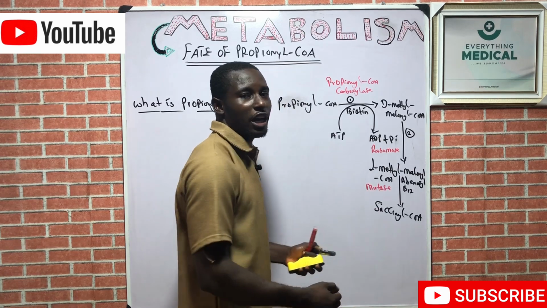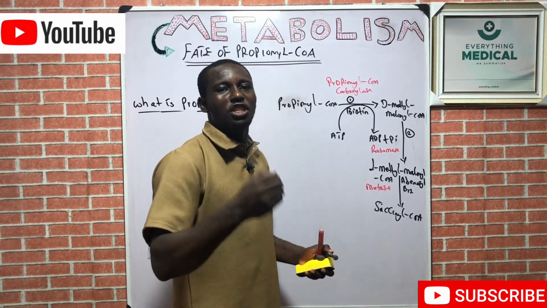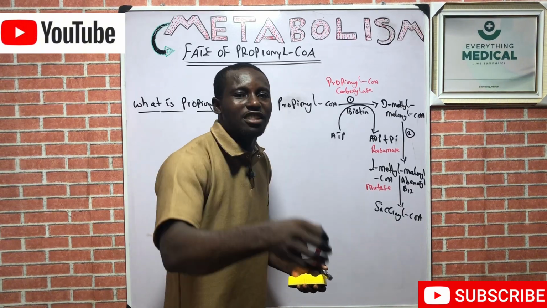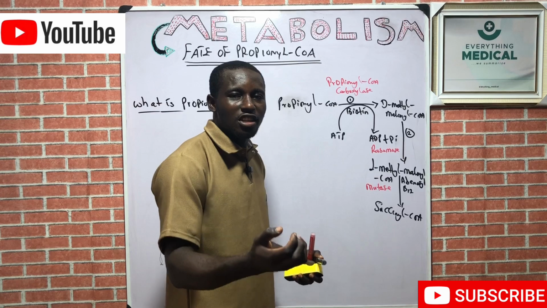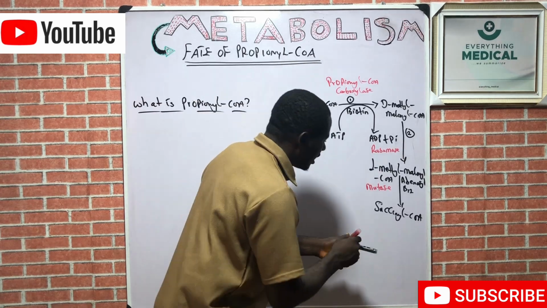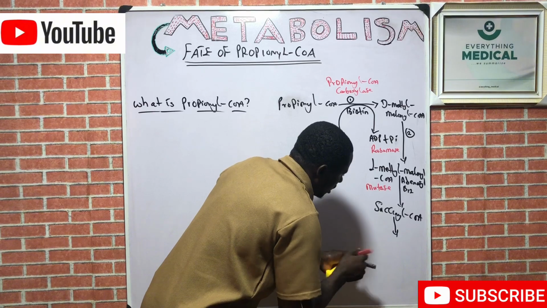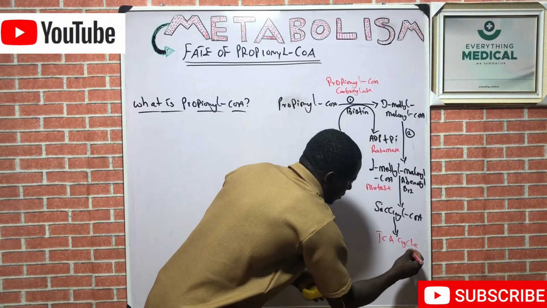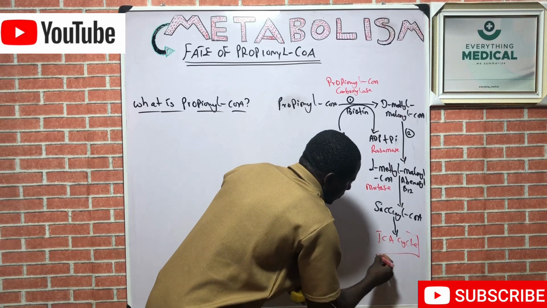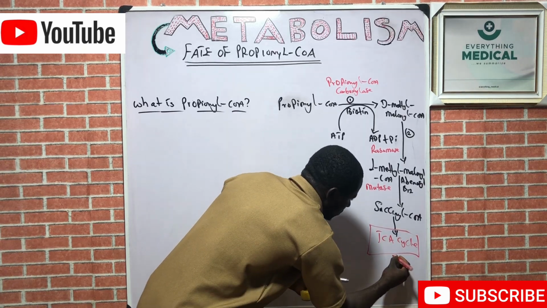Then this succinyl-CoA enters where? It enters the TCA cycle to generate oxaloacetate. And oxaloacetate is the profound precursor of gluconeogenesis in the TCA cycle. So it enters where? The TCA cycle, to generate what?